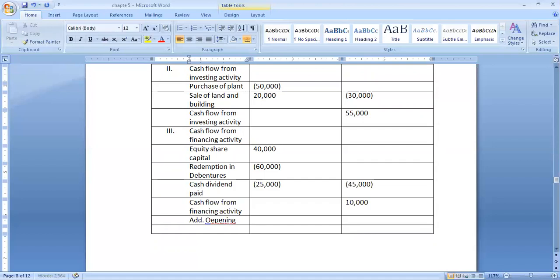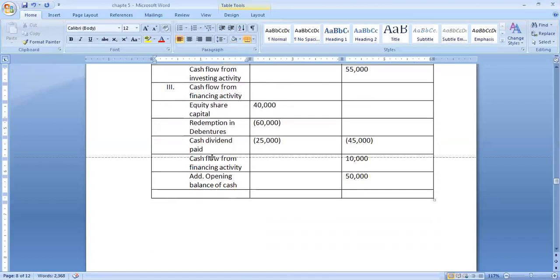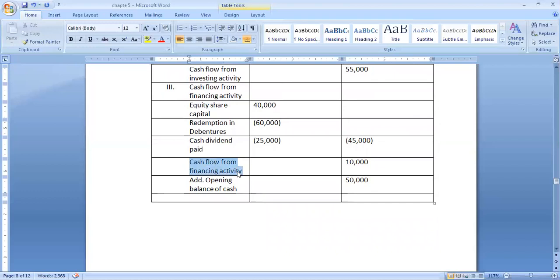Clear? So now add the opening balance of cash. So what is the opening value which is given in the question? It is 50,000. It is added back to the 10,000. So this is very much important. Cash flow from financing activity, here you got 10,000 as the value. So whatever the value that will be added back, it is indicating the closing balance of cash.